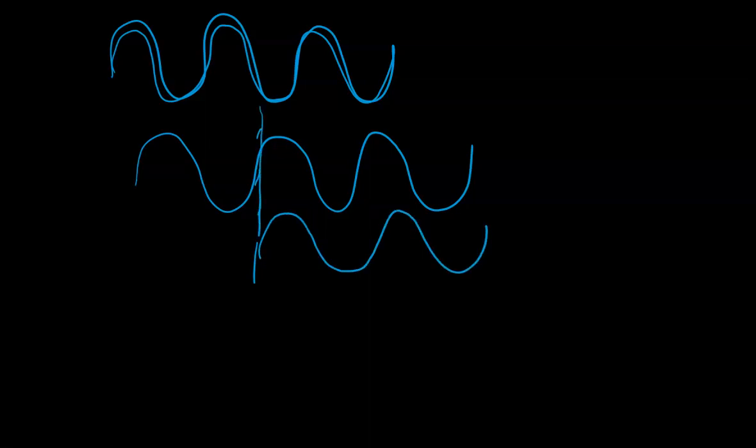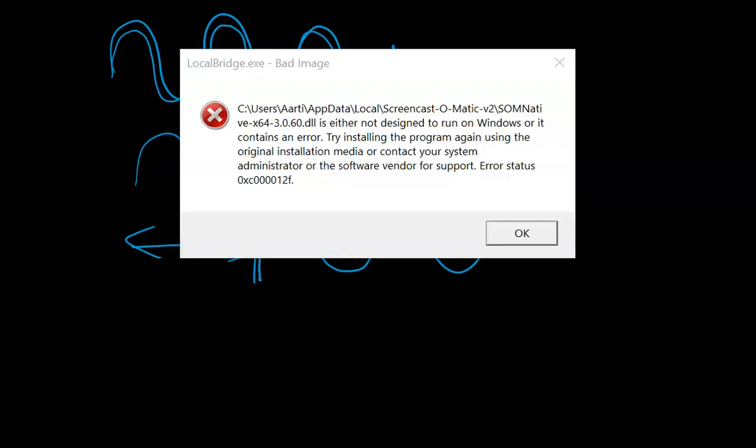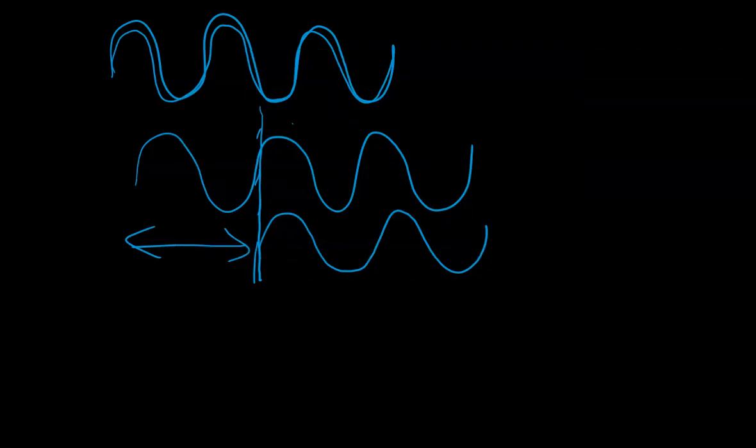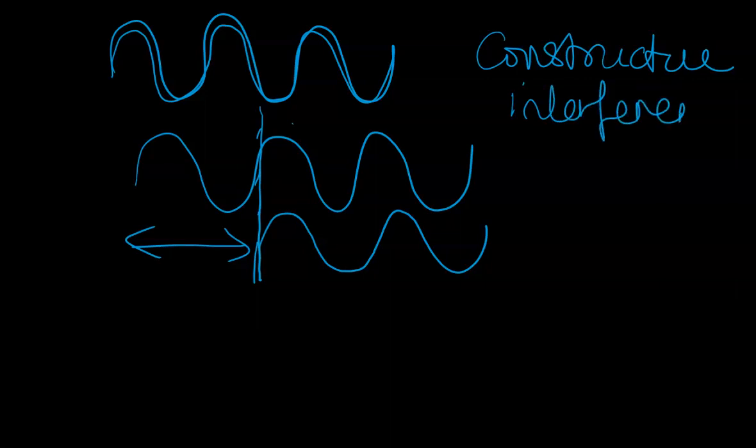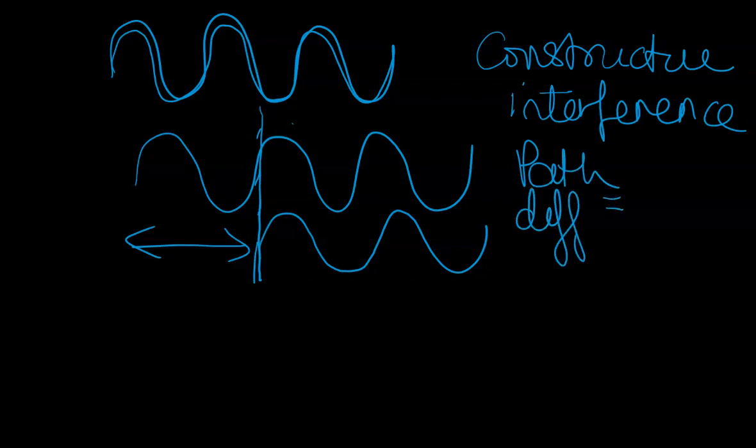Because even if one wave has traveled an extra whole wavelength compared to a second wave, I will still have my crest and crest overlapping. So for constructive interference, you must have a path difference in terms of whole multiples of lambda.